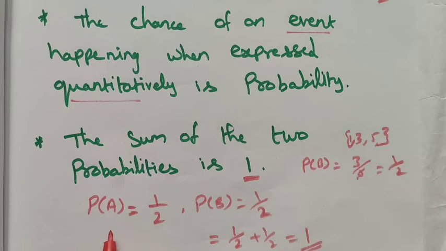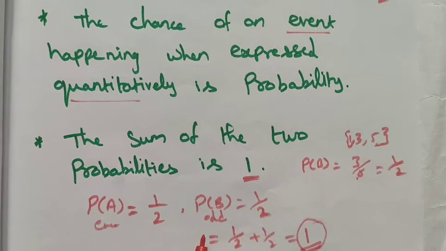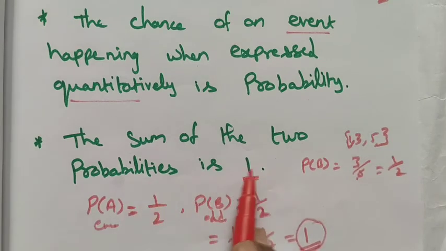So the probability of getting an even number and the probability of getting an odd number sum to 1. That is the condition. We cannot get any other events except these; no other outcome is possible.